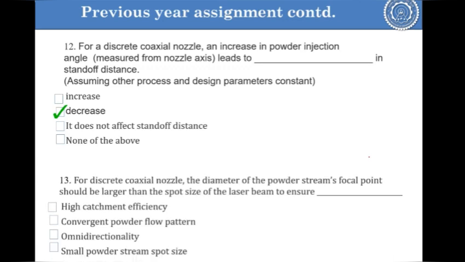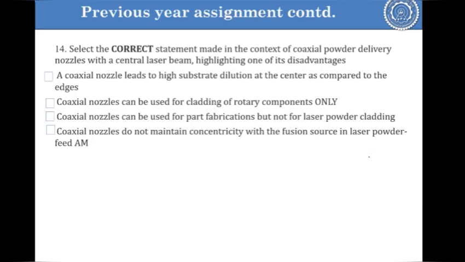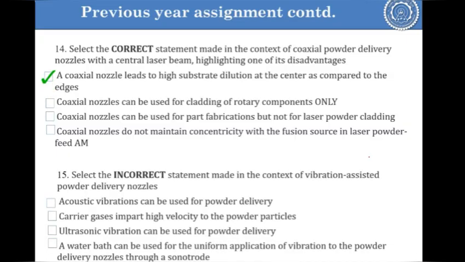For discrete coaxial nozzle, the diameter of the powder stream's focal point should be larger than the spot size of the laser beam to ensure omnidirectionality. Select the correct statement made in the context of coaxial powder delivery. The coaxial powder delivery nozzle leads to high substrate dilution at the center as compared to the edges. Select the incorrect one: carrier gas imparts high velocity to the powder particles.